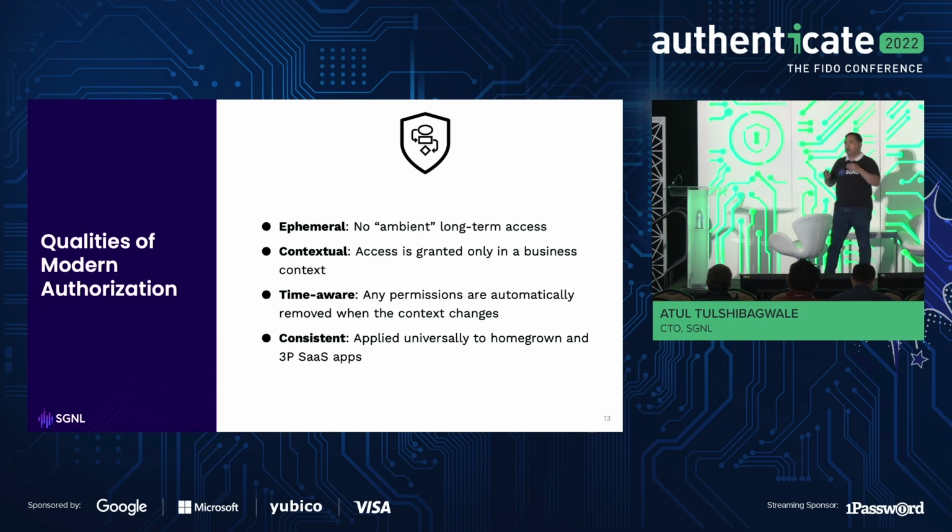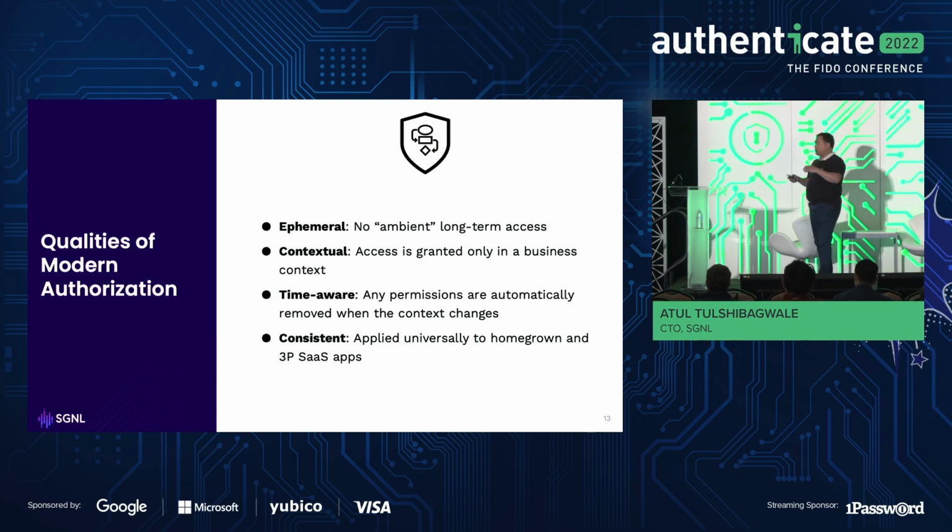Yes, you granted the permission ephemerally, but then you need to take that away when the context changes, right? And then it needs to be consistent because every enterprise is going to have a whole variety of applications. They're going to have infrastructure all the way to internal applications and 3P SaaS apps and stuff like that. So whatever you do, you need it everywhere, right?